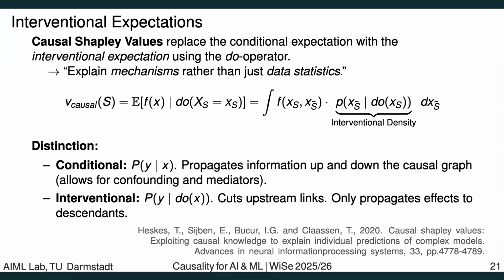So instead of approximating the conditional, you now do the interventional probability and do all the rest like before. And what it then really tells you is that it cuts these upstream links, right? In the conditional case, the Shapley values also would consider effects in the anti-causal direction that is now removed.